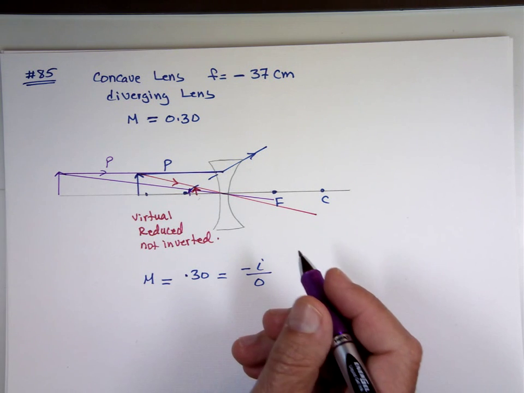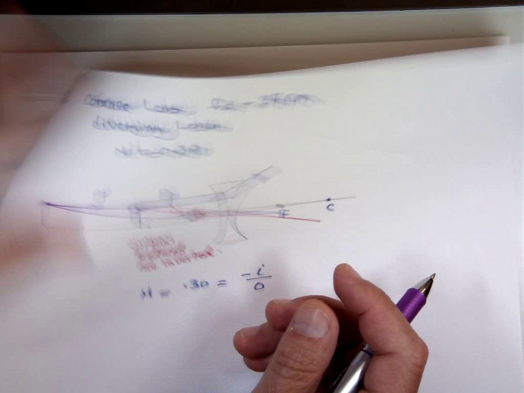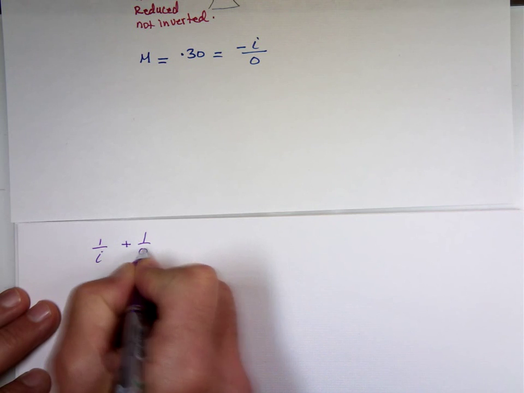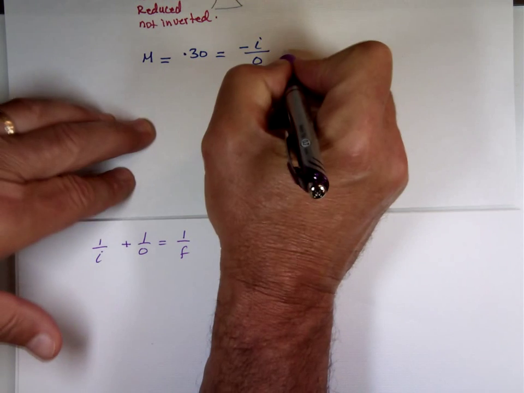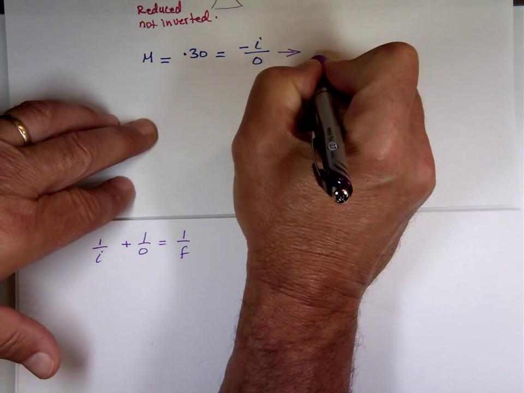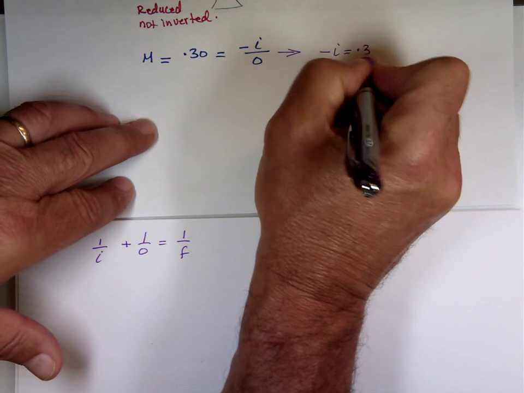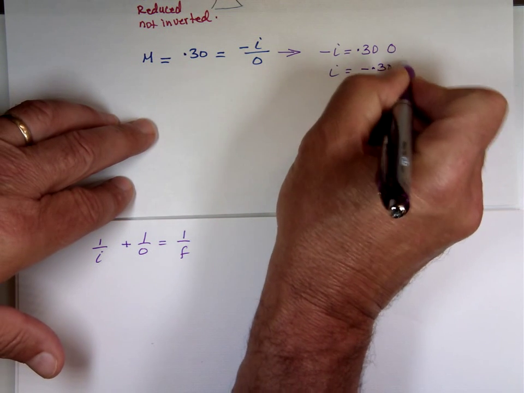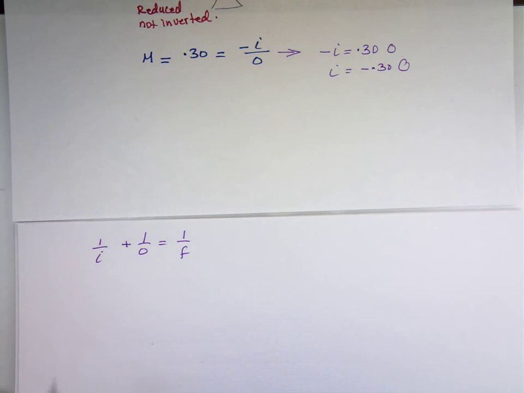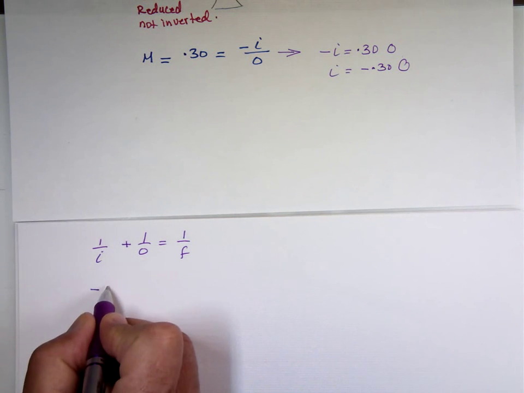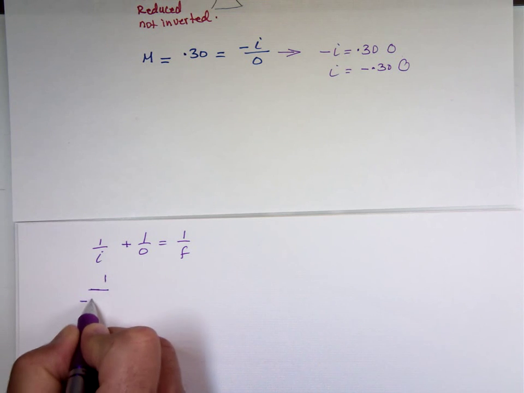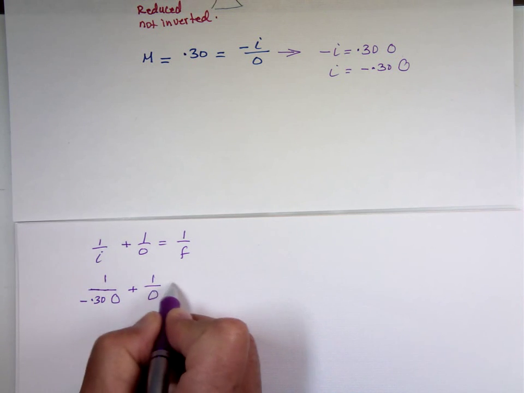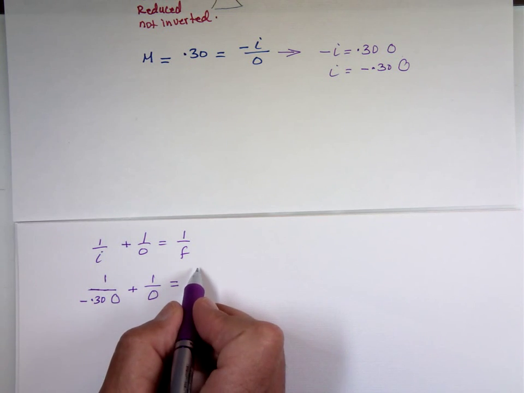Initially, 1 over I plus 1 over O equals 1 over F. By the way, from this equation, negative I over O equals 0.30, or I equals negative 0.30 times O. So 1 over negative 0.30 times O plus 1 over O equals 1 over F. And F was 1 over negative 37.